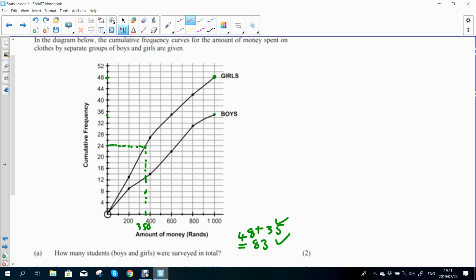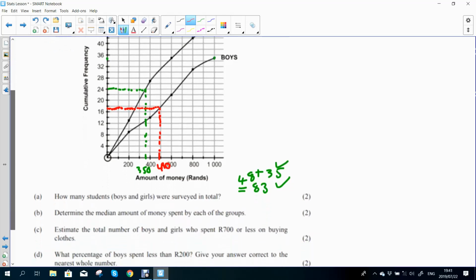And the median for the boys, that is about 17,5. So that's 17,5 more or less there somewhere. And then we read it off. So we'll say just before 500. So we'll say 490 is the median for the boys.